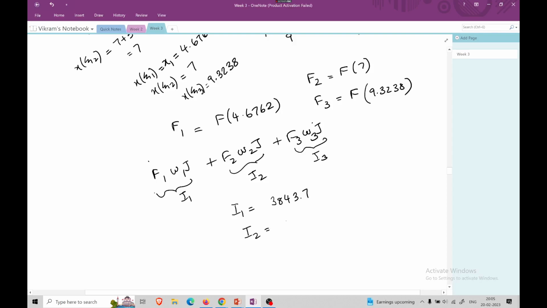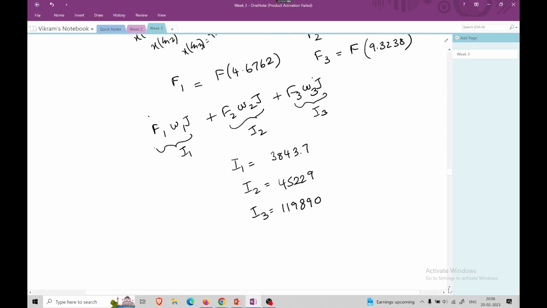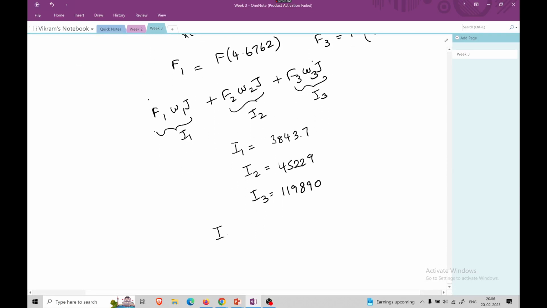I2, I will get 45229. I3, I will get 119890. Finally, if I add everything, that will be my total I value, which I will get to be 16696.